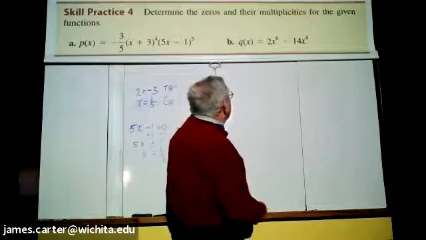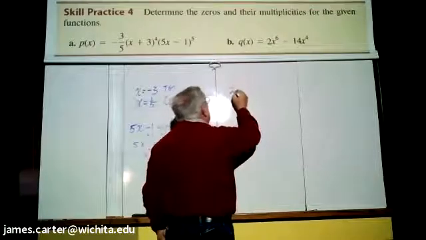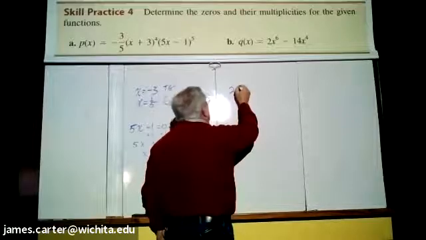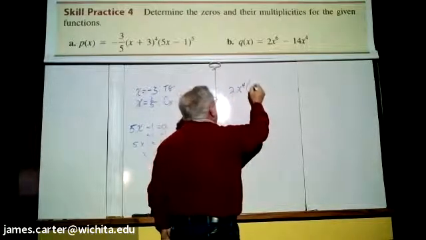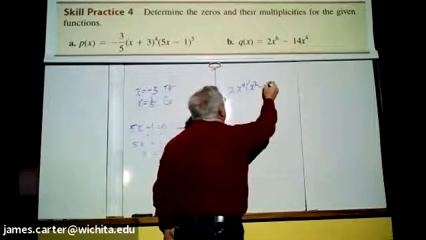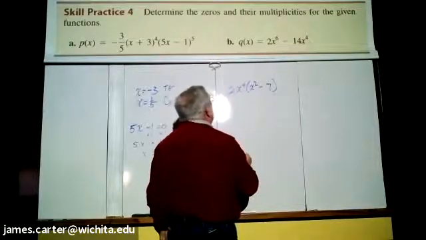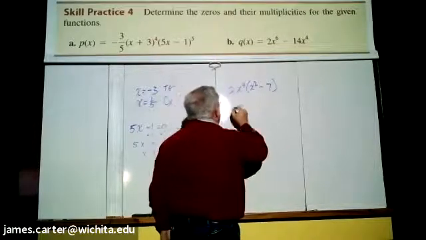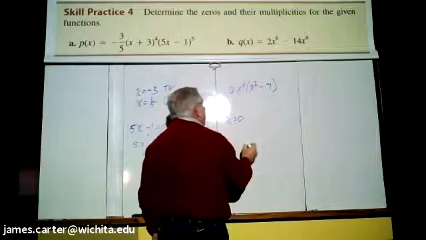2x to the 6th minus x to the 14th. We factor that, 2 will come out of everything, and an x to the 4th will come out of everything. And that leaves us x squared minus 7. Okay? Well, this is going to produce x equals 0.